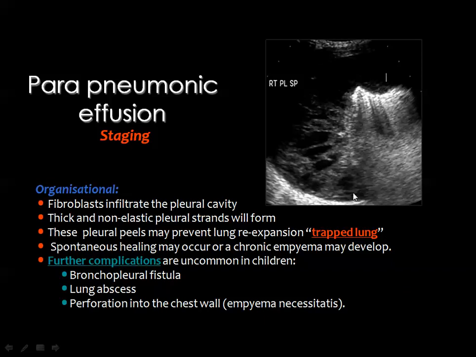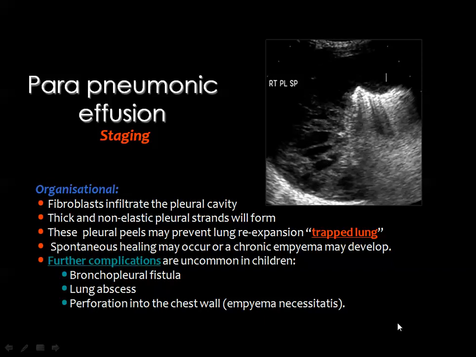Then the follow-up, or the sequence of development of these strands in the pleural fluid, is better followed by ultrasound rather than CT. And here you can see a pleural collection with complete strands within the collection, transforming it into multiple loculi.